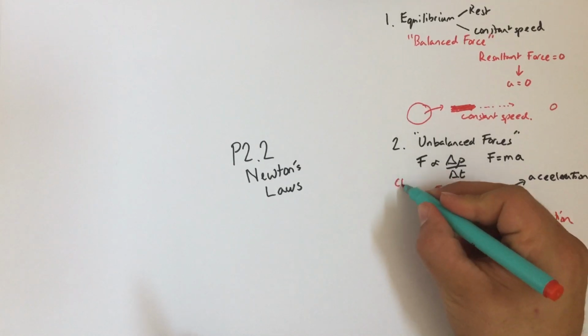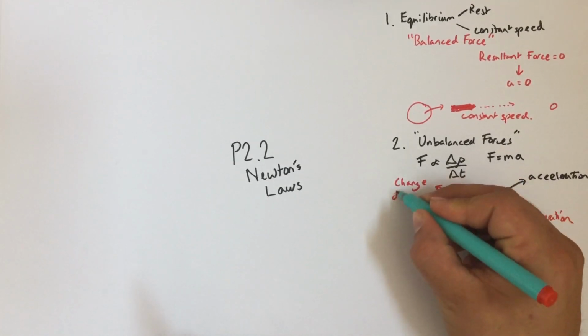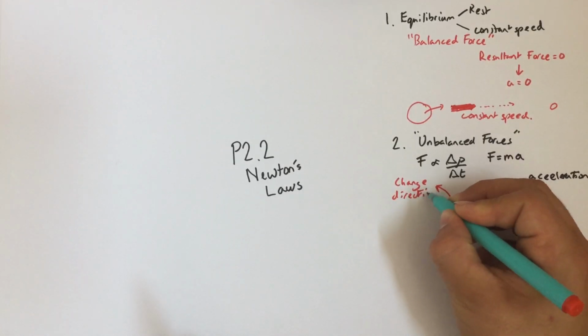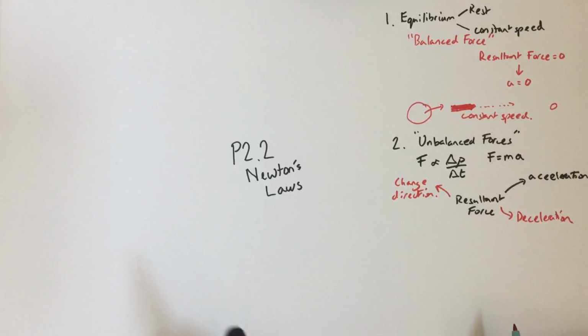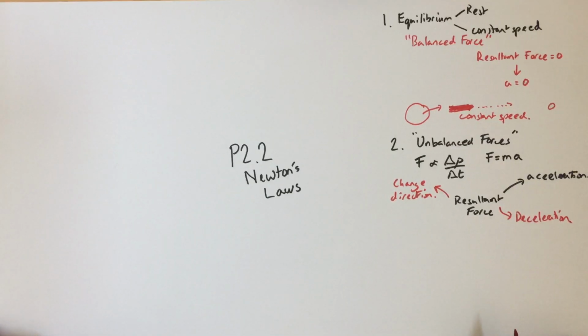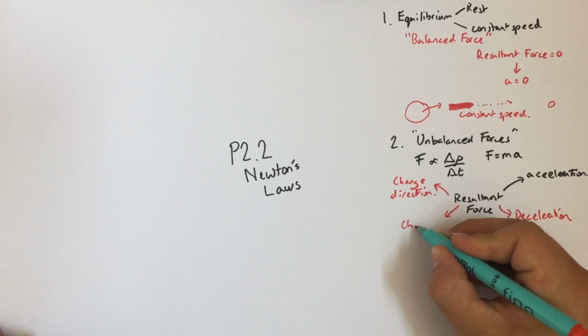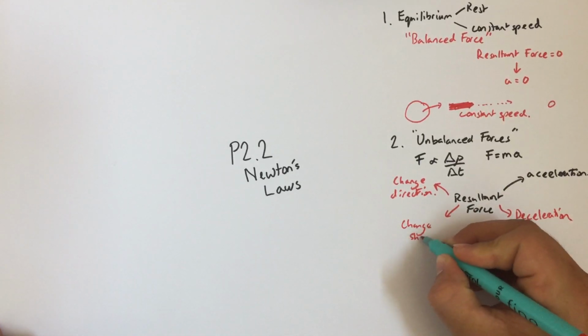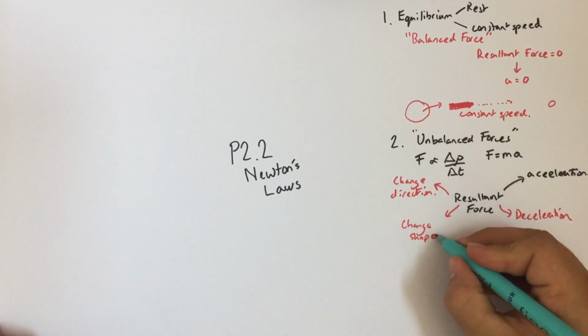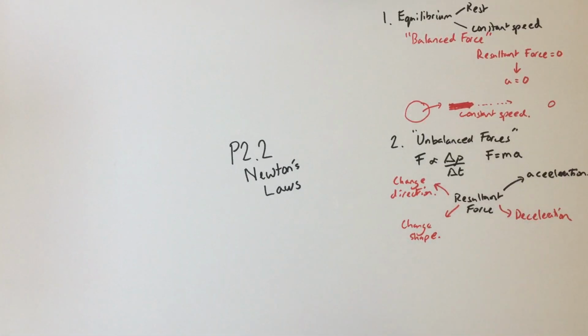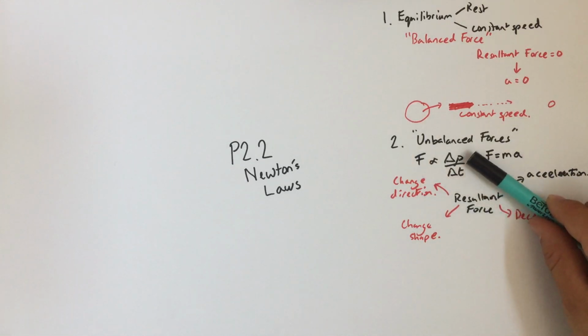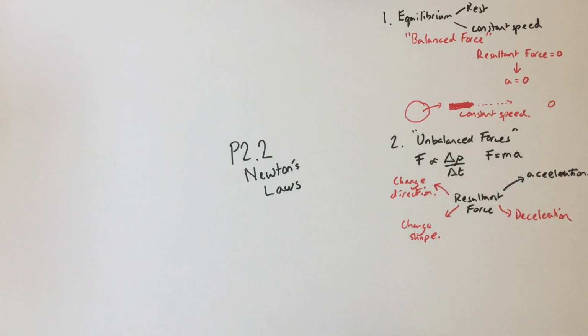It can cause an object to change direction, because remember, acceleration and force are both vectors, so they have both direction and magnitude. And lastly, it can cause an object to change shape. Any one of those 4 outcomes is likely if there is a resultant force. And again, Newton's second law is that force is directly proportional to the rate of change of momentum.